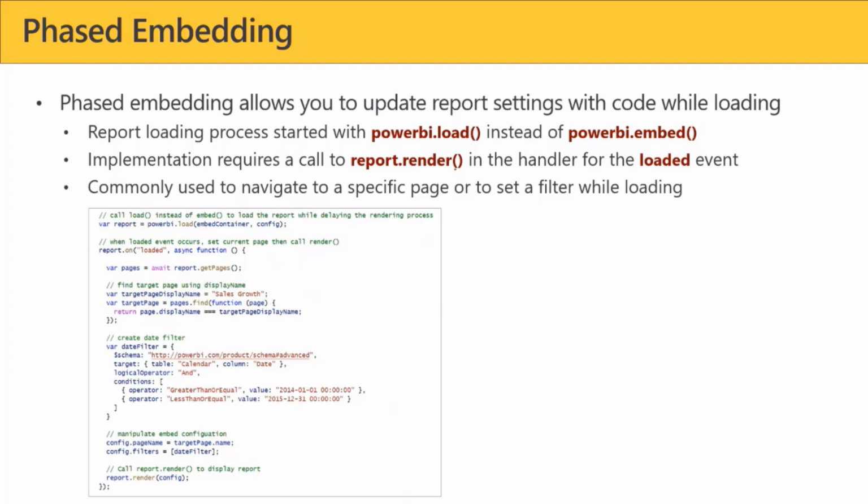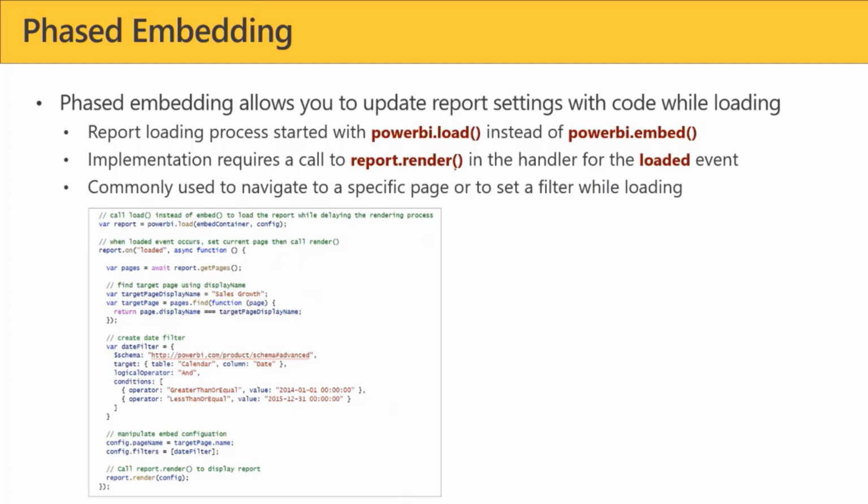So the way it works is instead of calling Power BI embed, you call Power BI.load. And so when you call load, you get the guarantee that the loaded event is going to fire. But there is then a responsibility. So when you call load, you have to handle the loaded event, and there's where you do your work.